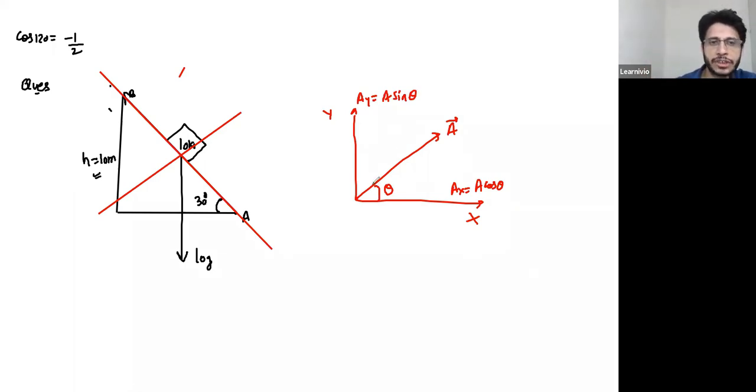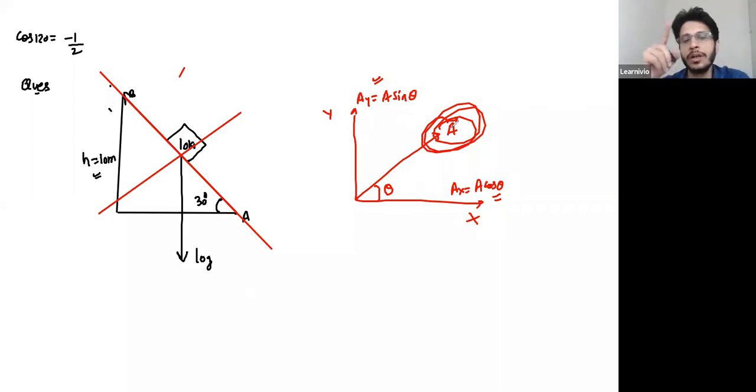The direction with respect to which you have angle theta, you get a cos theta component, and perpendicular to it, you get a sin theta component. Resolution means you are breaking a vector into two directions.